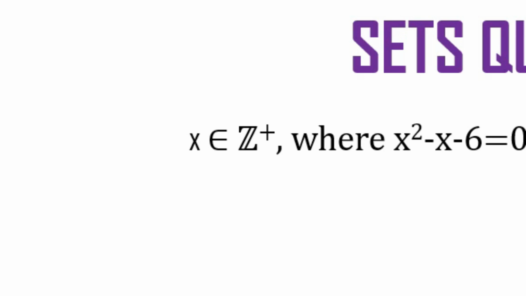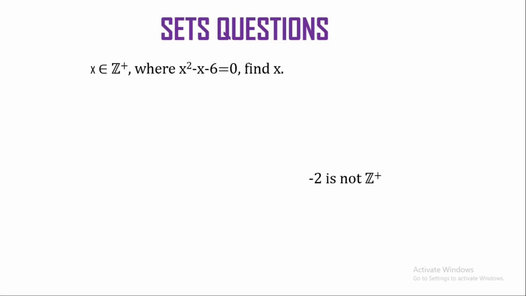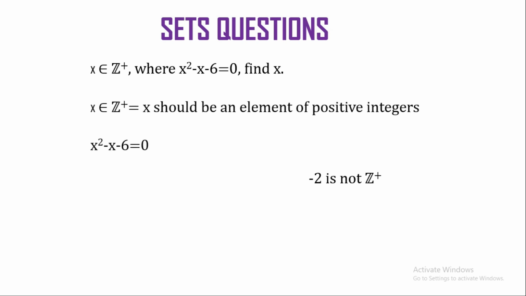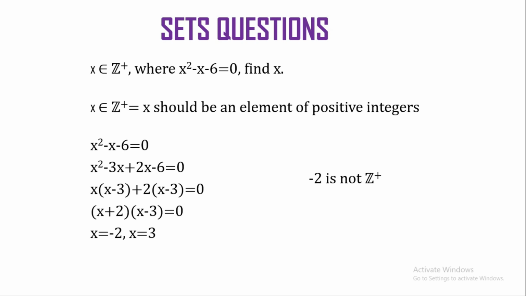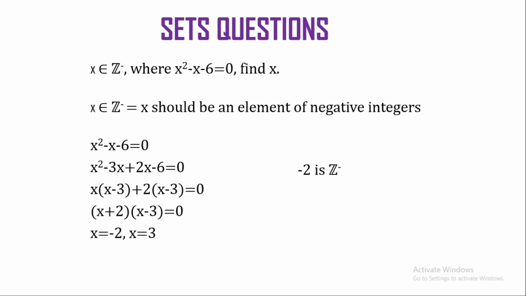What if the question says x should be an element of positive integers only? That means it should be an element of only positive integers. So now we do the solving, but this time around the answer is still the same thing. The answer is -2 and 3, but -2 is not a positive integer, so x is only 3.